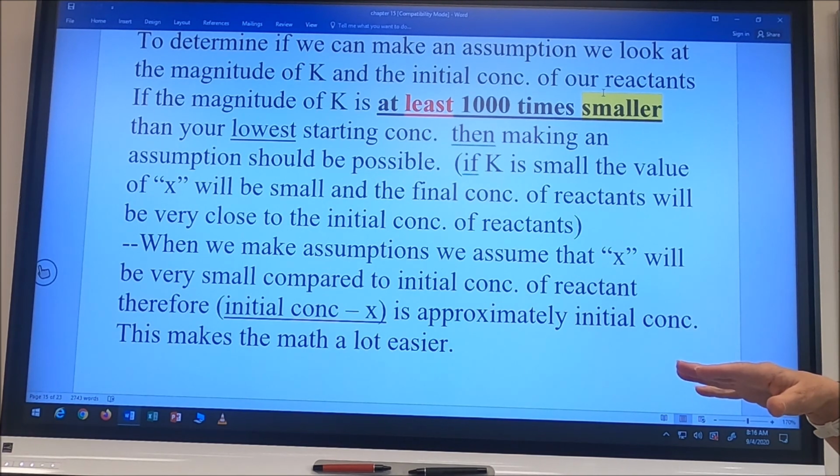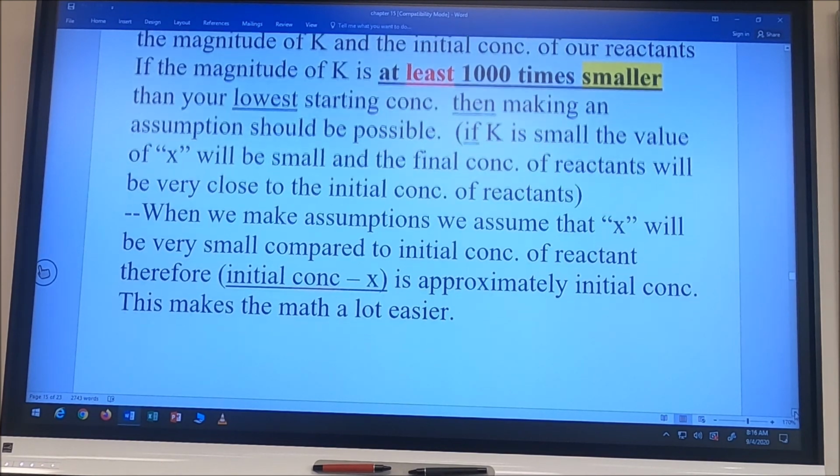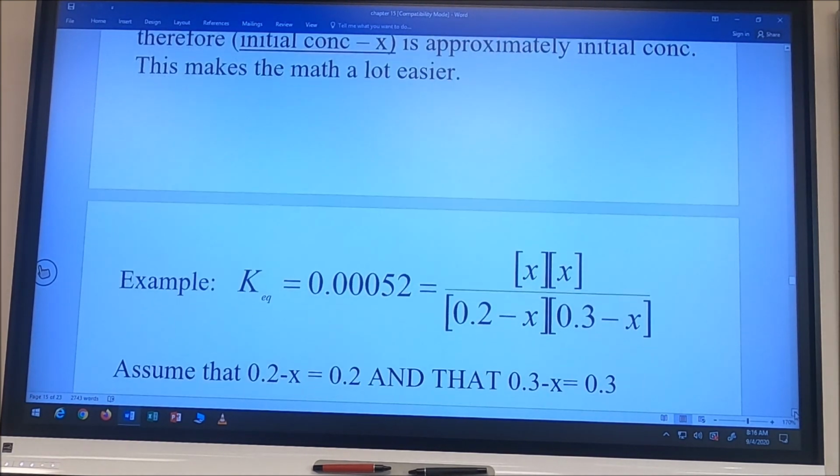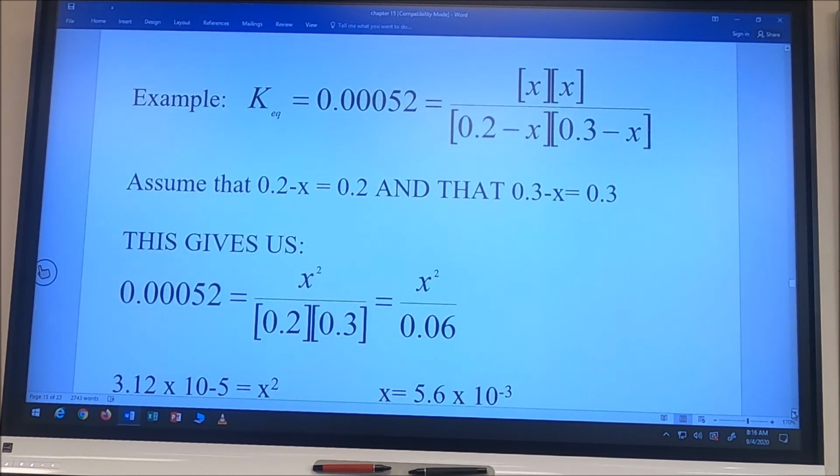As long as x, when you solve for it, is less than 5% of the lowest initial concentration, your assumption is valid. So let's look at an example here. The reason that we want to make assumptions is that it makes the math easier.